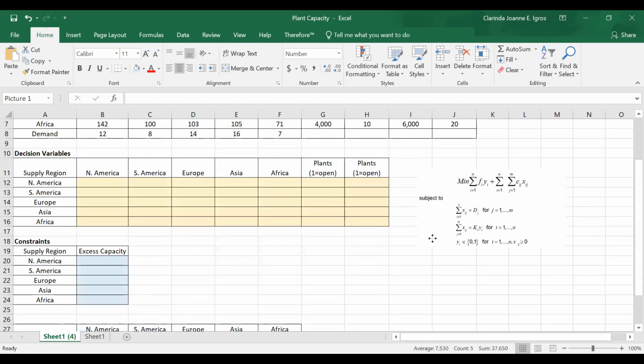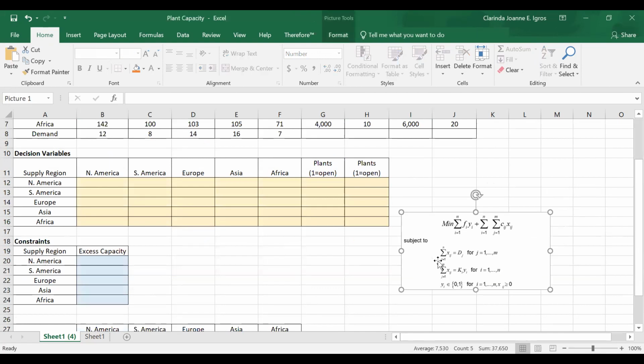So this is the mathematical model. For the first part, this states that the constraint is that the demand should be equal to the supply. Next is that the supply shall not exceed the capacity.